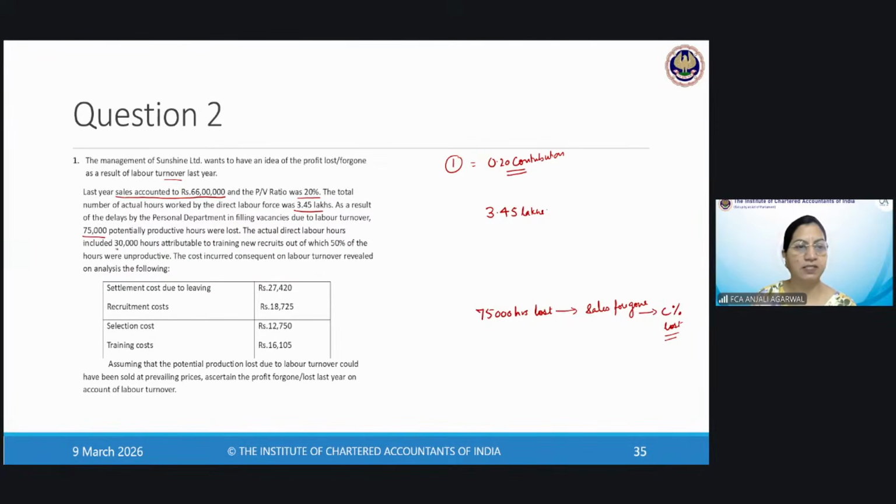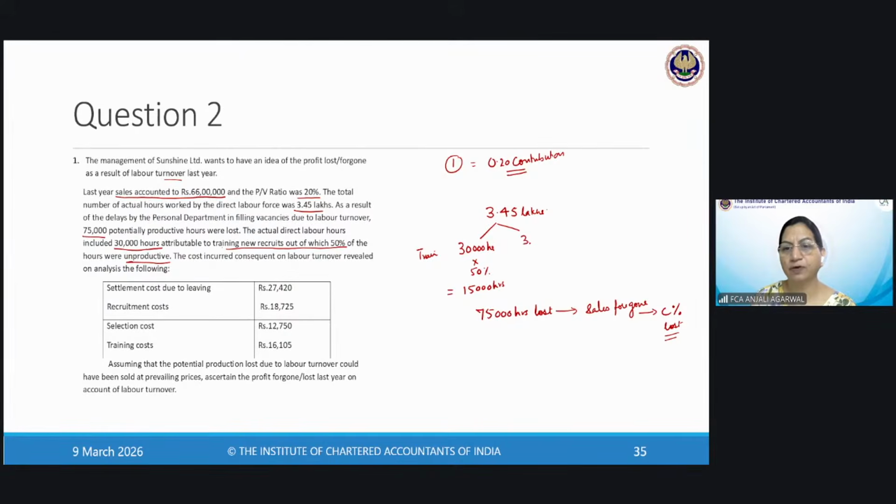Actual direct labor hours included 30,000 hours attributable to training, in which the workers were 50% unproductive. So this 3.45 lakhs has 30,000 hours of trainee time, which was 50% productive. So this was equivalent to only 15,000 hours.